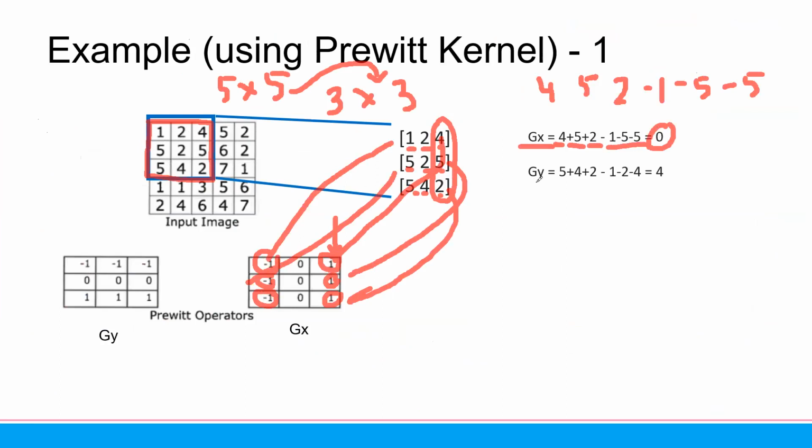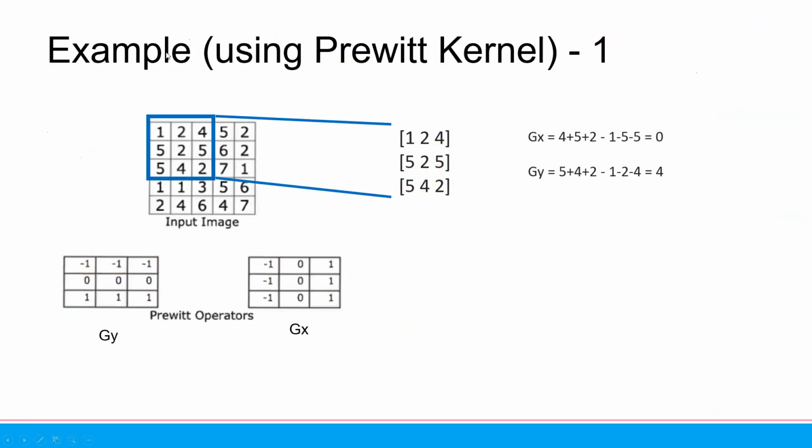What about Gy? Gy is using the Prewitt kernel with the Y direction, and this is the formula. The bottom part we use 1, 1, 1, and the upper part we use minus 1, minus 1, minus 1. Then we will use the same 3 multiplied by 3 matrix.